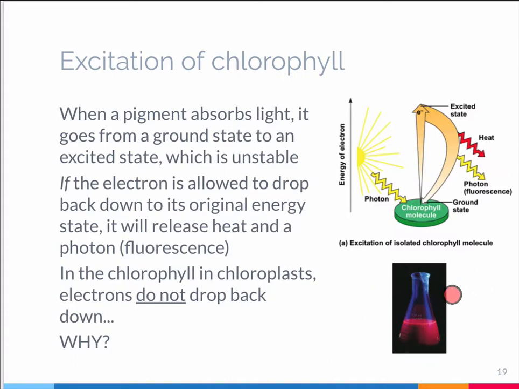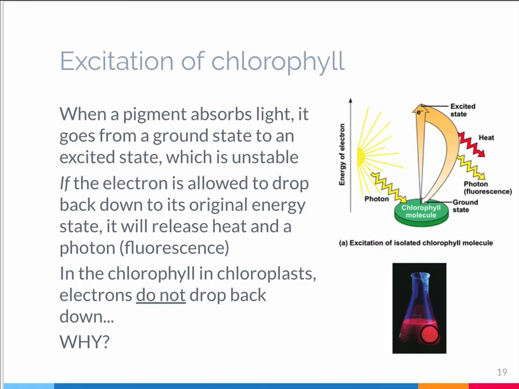Chlorophyll that's been isolated, so chlorophyll that is no longer in the thylakoid membranes in a chloroplast, will actually glow when it's hit with photons, because all of the electrons that absorb that light energy go right back down to their ground state and release these photons of light, which looks like fluorescence to us. So why do plants not glow?